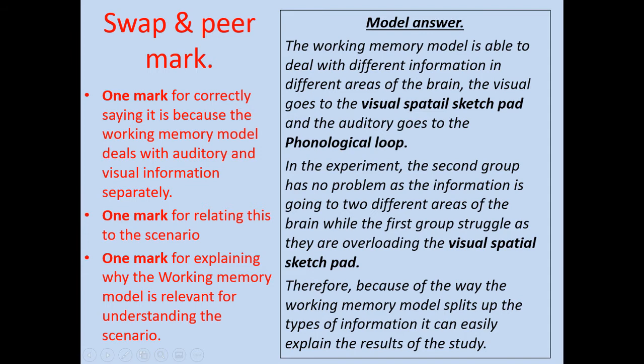Therefore, because of the way the working memory model splits up the types of information, it can easily explain the results of the study. So you see in that second paragraph, I'm relating the theory quite specifically to the experiment, and then I'm explaining why it's an issue in that last point. So that would get 3 points for that model answer.